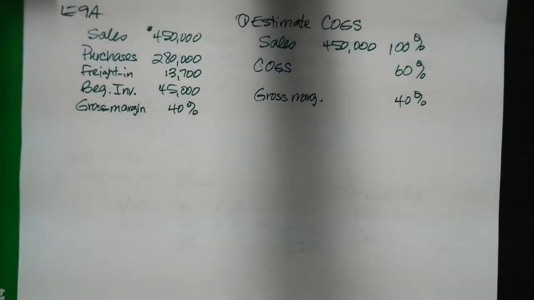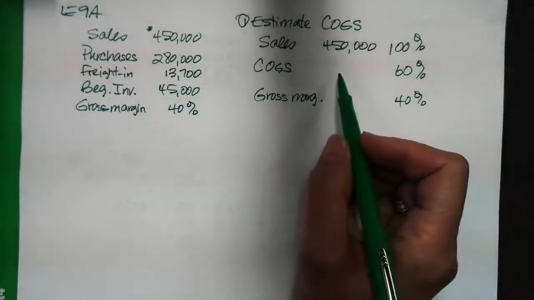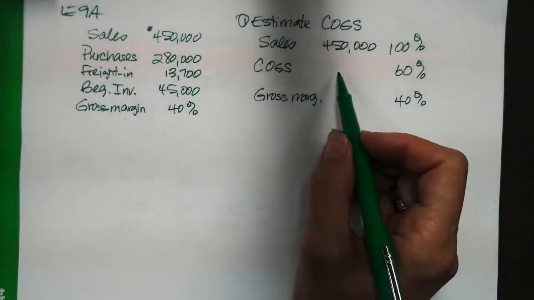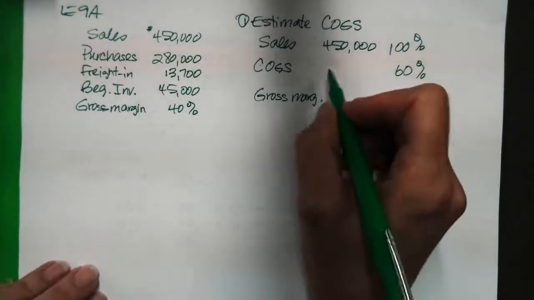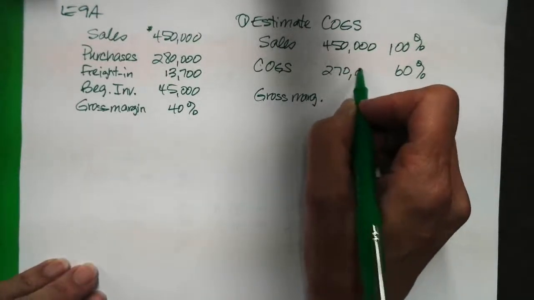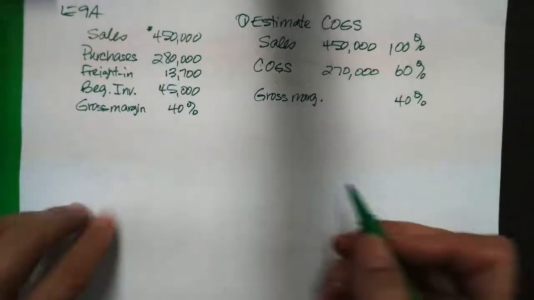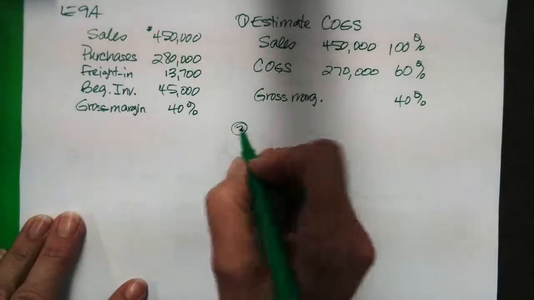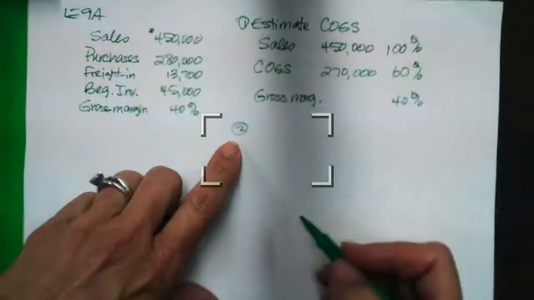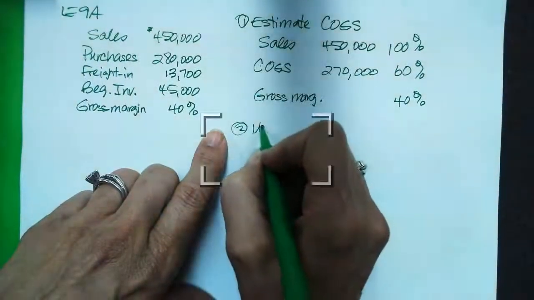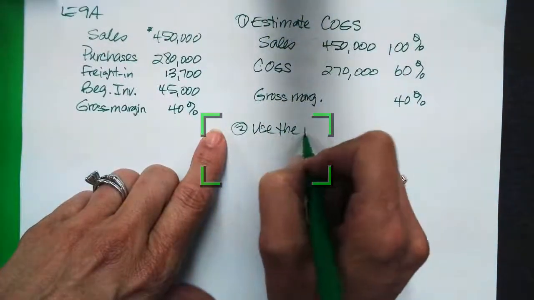So, cost of goods sold, 60% of 450,000 would be 270,000.